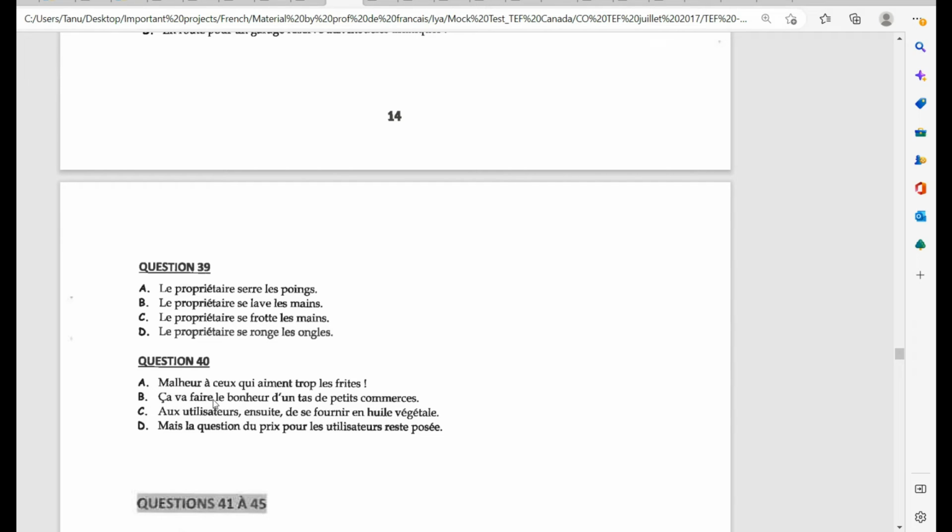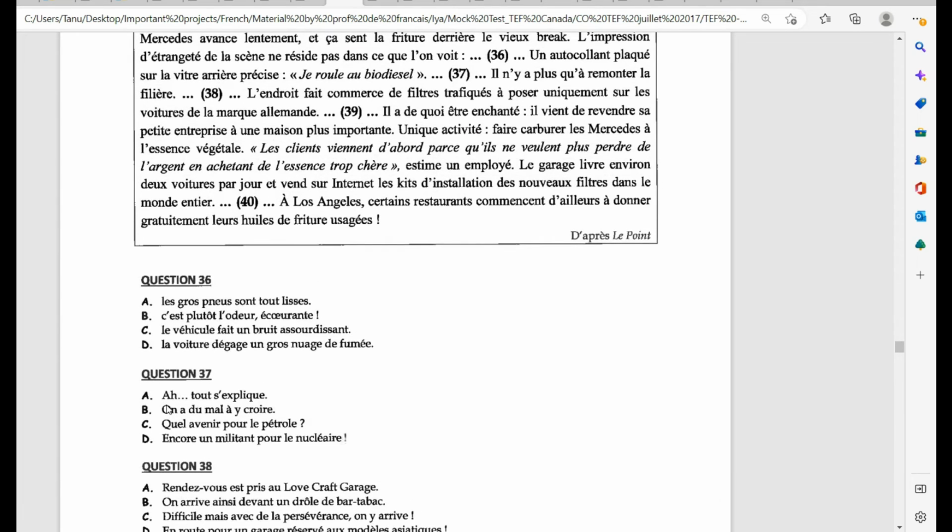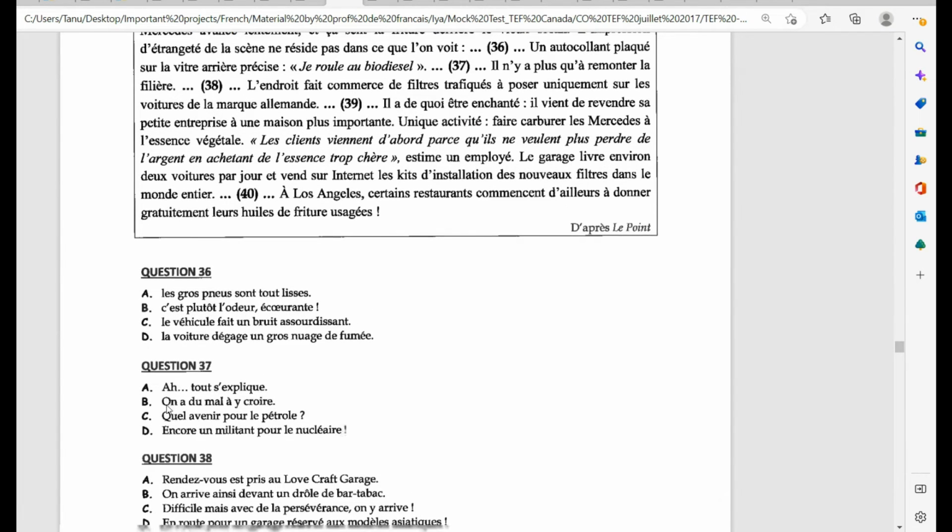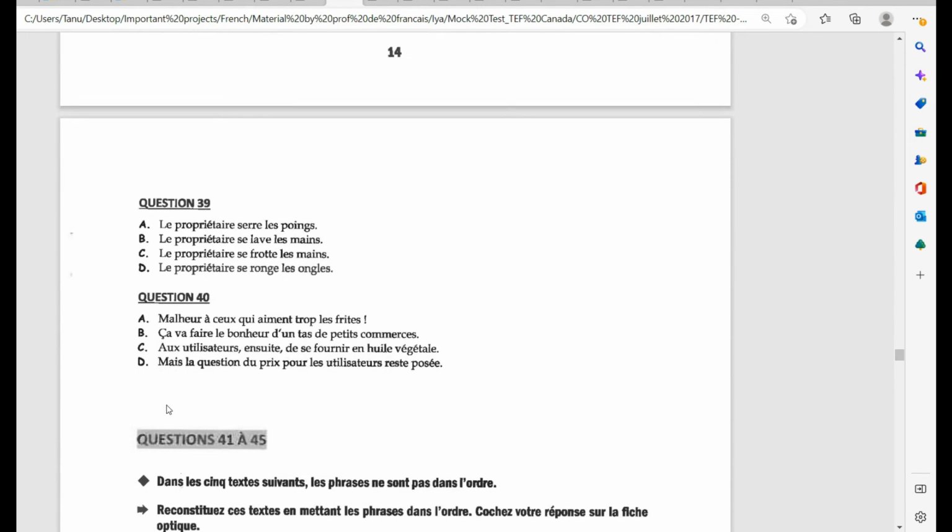Ça va faire le bonheur du petit commerce. Alright, so it would make small companies happy. So if the garage is selling 2 cars and some installation kits for new filters, why would it make small companies happy? We don't have anything related to this, so let's park it for now.